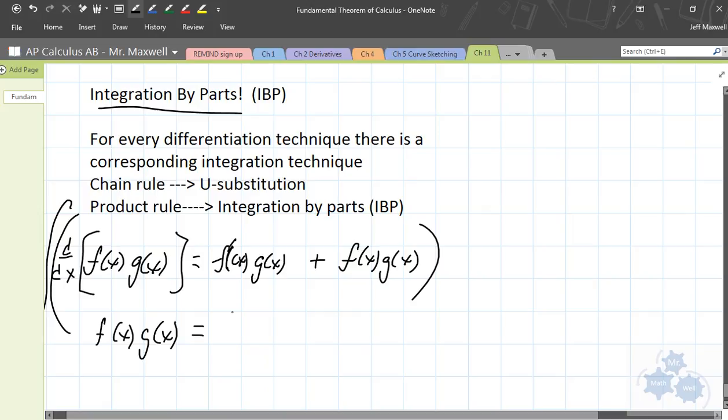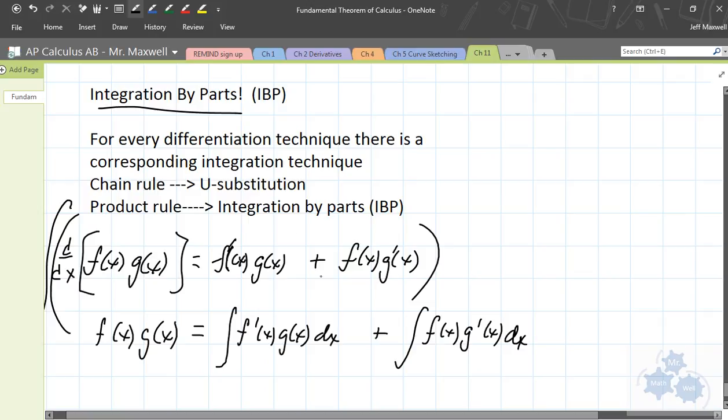And over here I would have the integral of f prime of x, g of x, dx, plus the integral of f of x, sorry, I missed the g prime there, g prime of x, dx. Okay, so derivative of the first times the second plus the first times the derivative of the second.